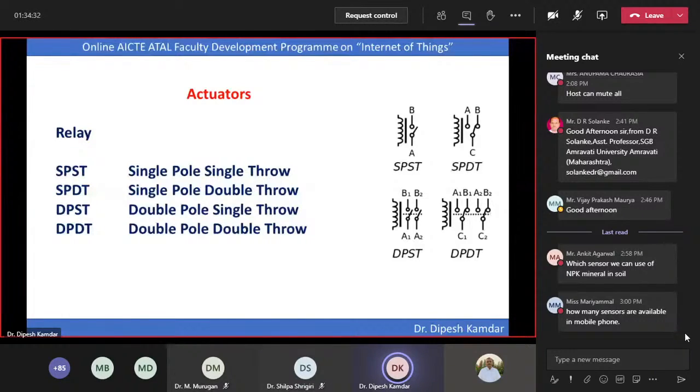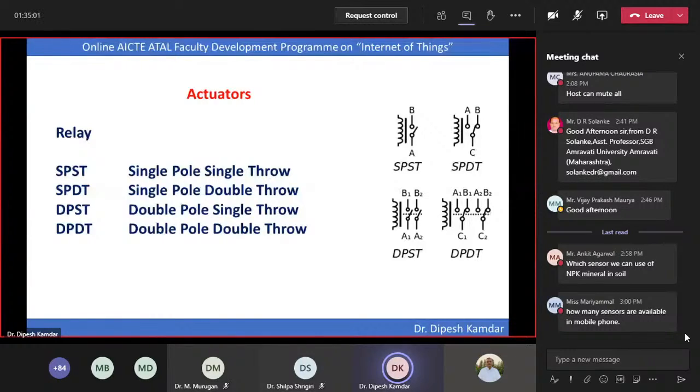If we have high power connections, then we can go for double pole single throw systems, where multiple devices can be operated together. Depending on applications, we can select this relay board, which can be a replacement for your switches. This relay can be used for DC as well as AC on the secondary side.